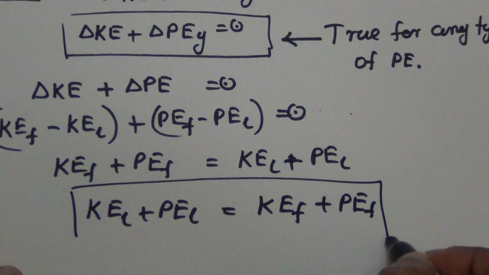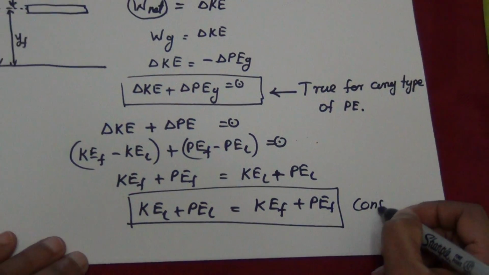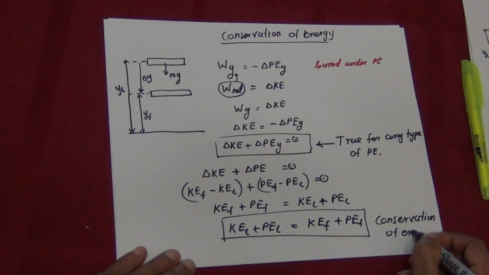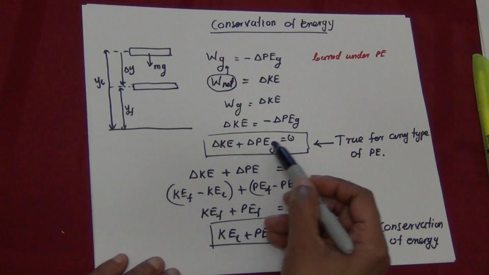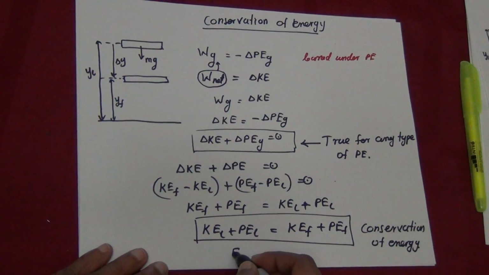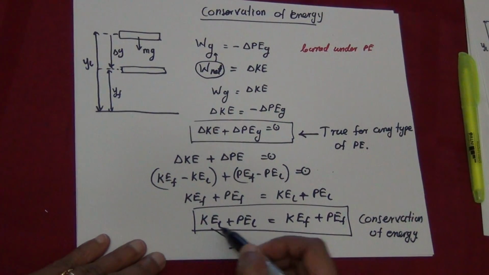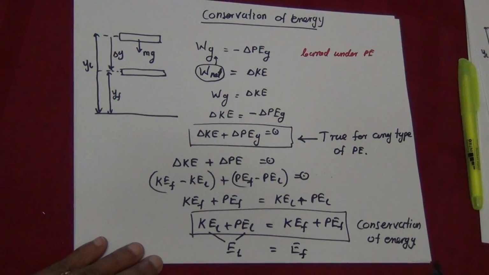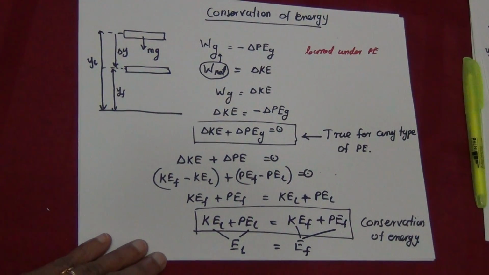This is the expression for the conservation of energy, right? The change in kinetic plus the change in potential is 0. So the initial total energy, which is given by kinetic and potential, is equal to the final total energy, which is given by kinetic and potential.